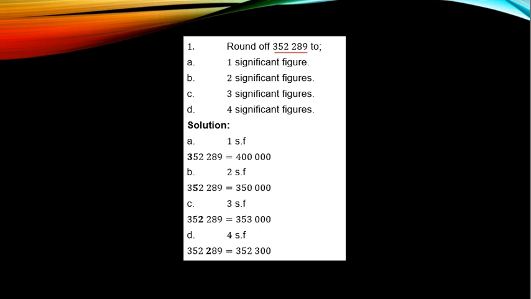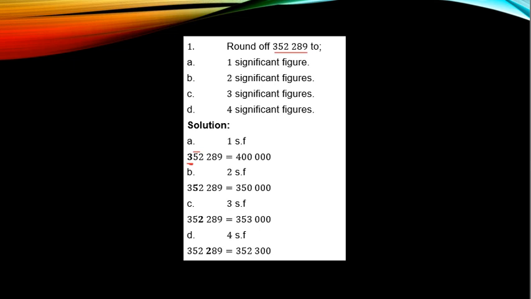So in 1 SF, we are interested in the first non-zero number from the left, and that is 3. After 3, the next digit is 5. You consider it for approximating. 5 falls in the category of rounding up to 1.